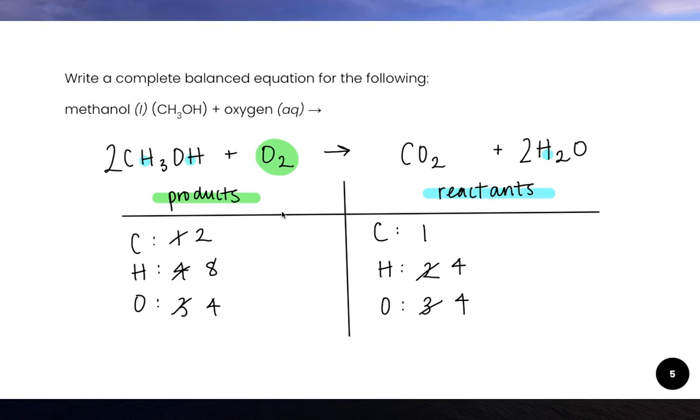So we're going to have to change this into a 4. So that's the only way to update the hydrogens on the right side. So that will change this into an 8. And oxygen is now a 6.